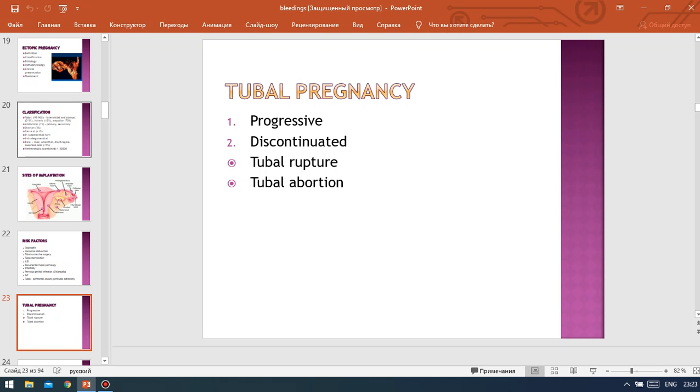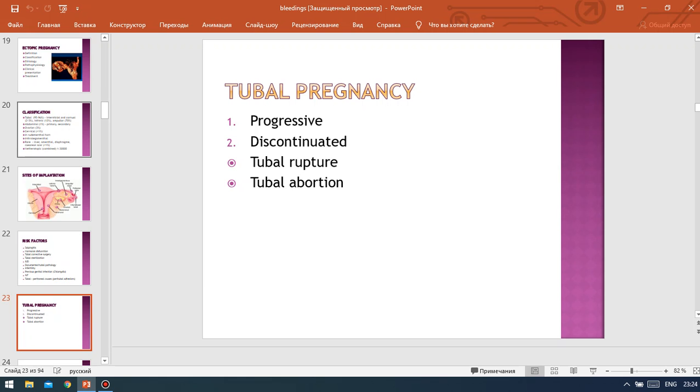They have normal arterial pressure, but a little dizziness and a weak pulse, and they come to the physician because they have an abnormal menstrual cycle, and they say, I have had no menstruation for approximately 1 month.